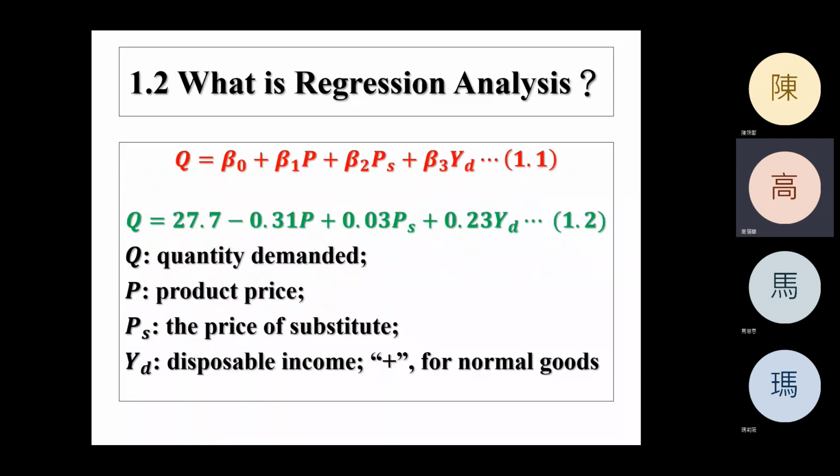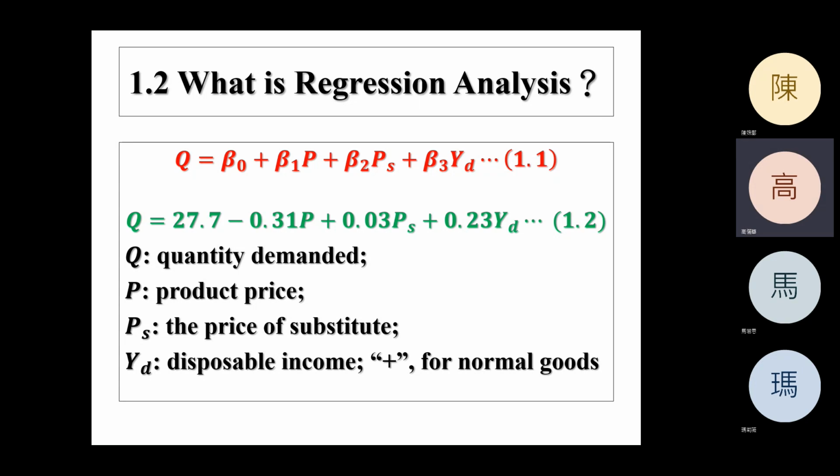Okay, let me go back to the equation again. When we say that the quantity demanded depends on the product price, the price of substitutes, and also the disposable income, we may have the intention to think these factors are the cause: because of this, then this, right?